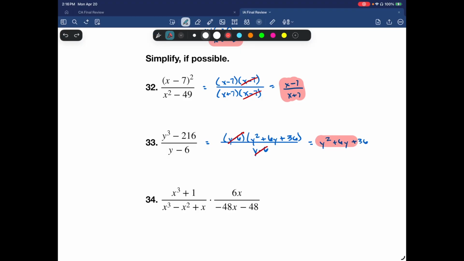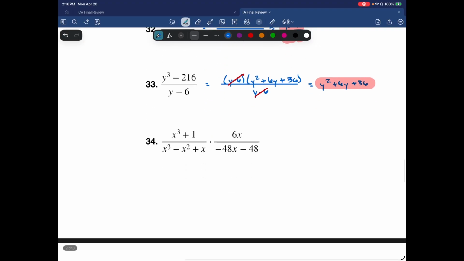Okay. On 34, I got to factor everything. So on top, that's going to be x plus 1 times x squared minus x plus 1. On the bottom, I can factor out a GCF of x, so it's going to be x times x squared minus x plus 1. All right, on top, I got 6x.